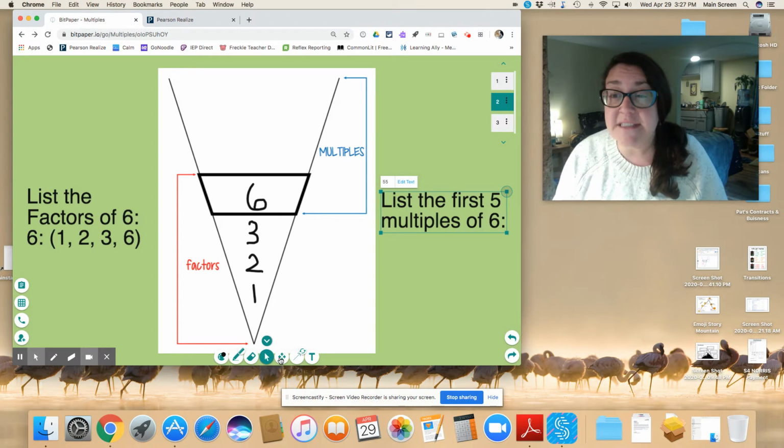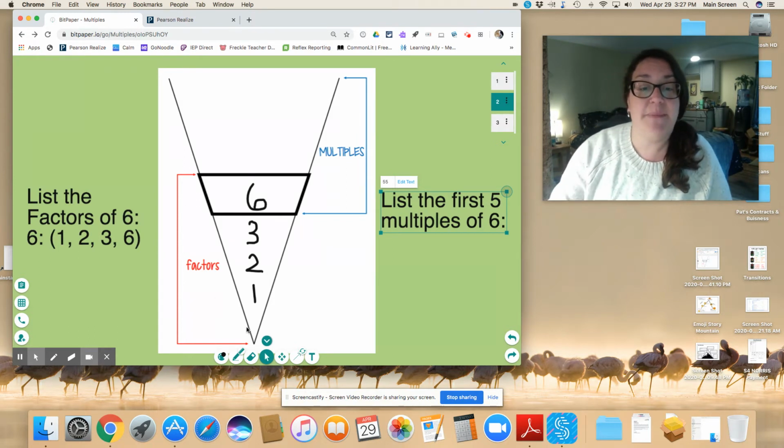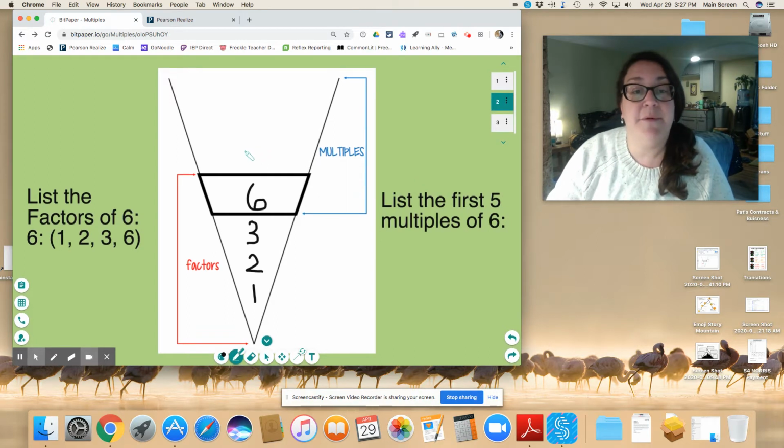If we were going to list the multiples of 6, they would be 6, 12. So that's 6 times 1, 6 times 2, 6 times 3 is 18.